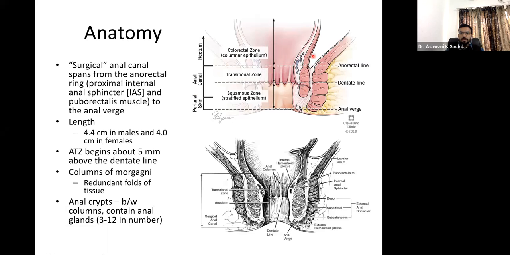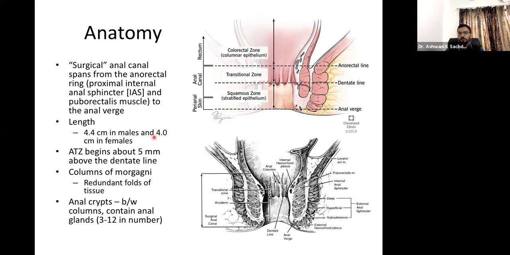This is the anal sphincter, levator ani muscle, and puborectalis muscle. The proximal limit is where the upper limit of the internal anal sphincter finishes, and the distal limit is the anal verge, where the anal canal finishes and the skin starts. So this is the surgical anatomy of the anal canal.